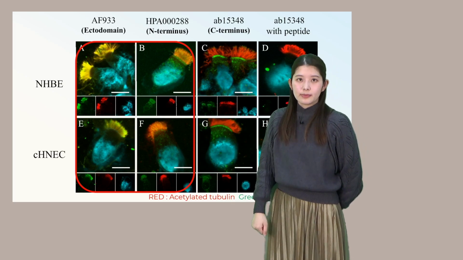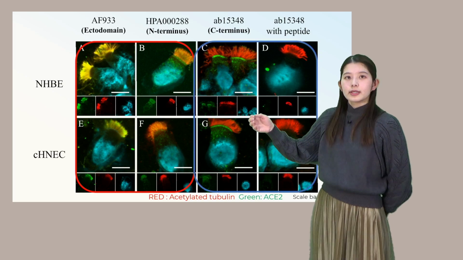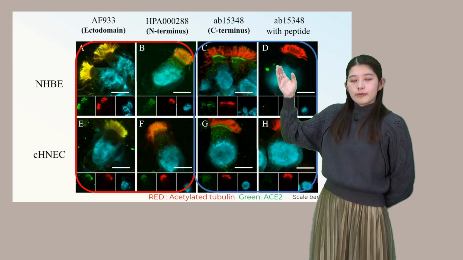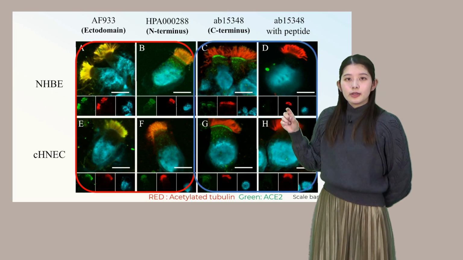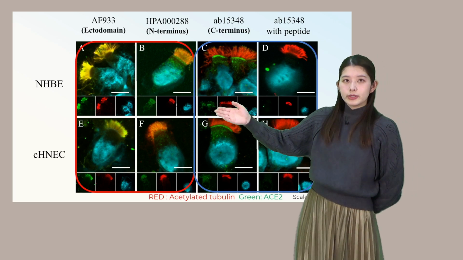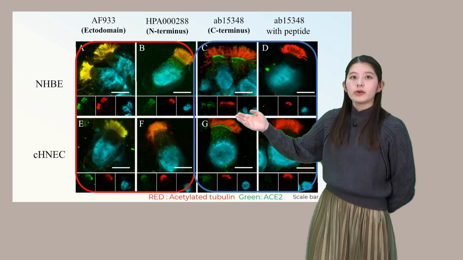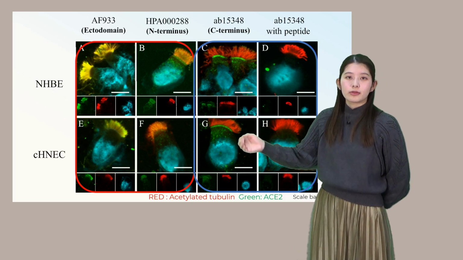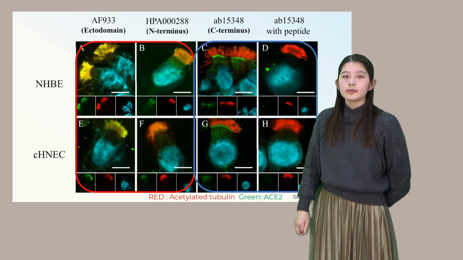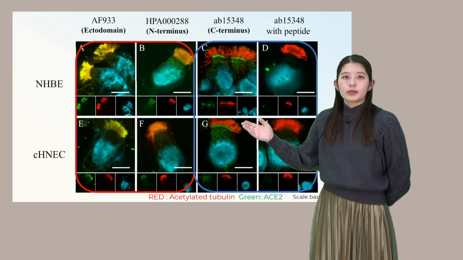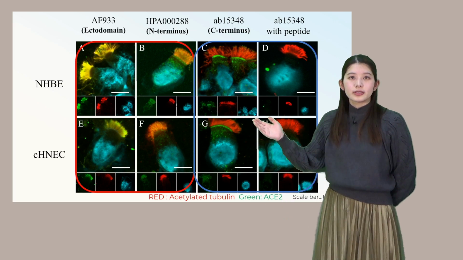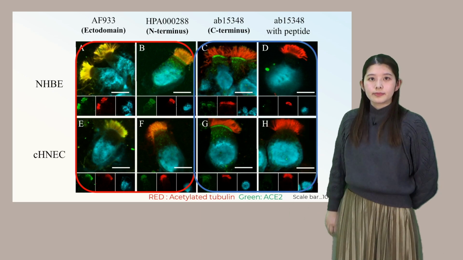On the other hand, with AB15348, which recognizes the C-terminus, the ACE2 signals in green were located at the apical membrane as well as the intercellular part. These signals disappeared in the presence of antigen peptide.